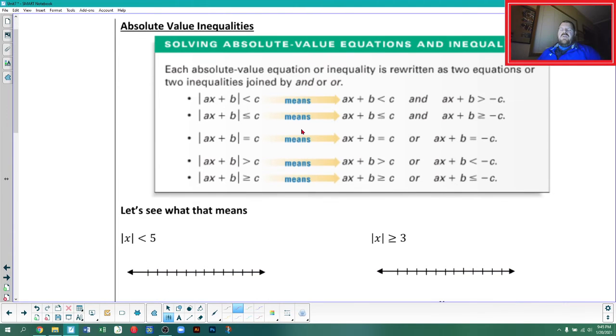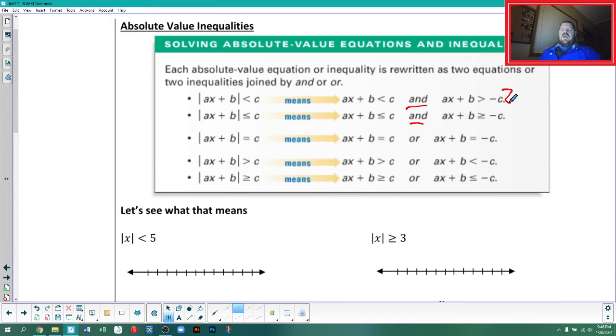I'm not going to go too deep into why this happens. We're just going to, for now, accept it and stick with it. And I'll give you a generalization of how we can try to remember what happens. A big key here is the ands happen when the absolute value is less than a number.